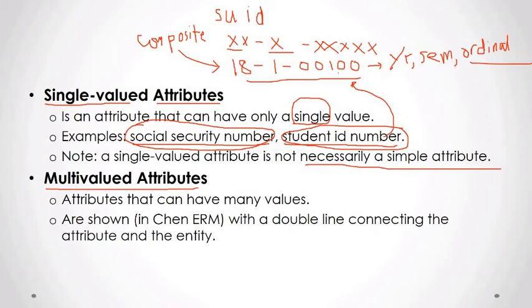So in this example, this particular student came in the year 2018 on the first semester, and this student is the 100th student who came in. So in that case, you can divide it into 3 separate attributes. So an ID is an example of a single valued attribute and at the same time composite. Okay.